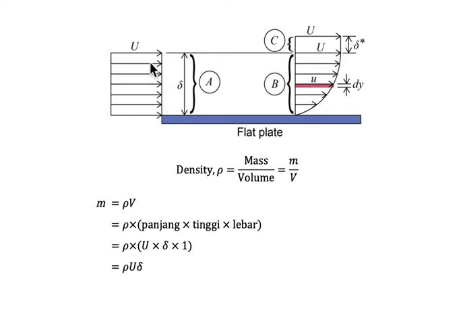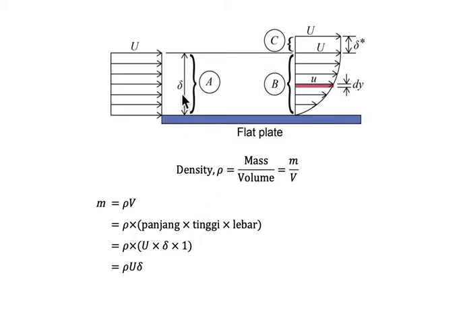So from this diagram, the length is capital U, the height is delta, because according to this diagram, the local velocity here has already reached 99% of the free stream velocity. So this height is the boundary layer thickness.